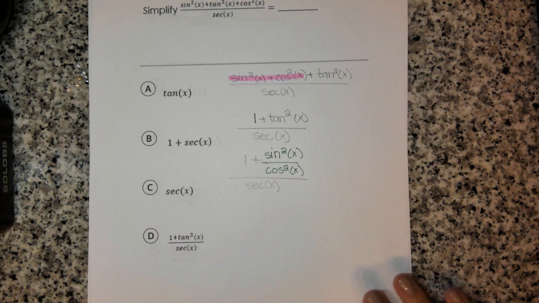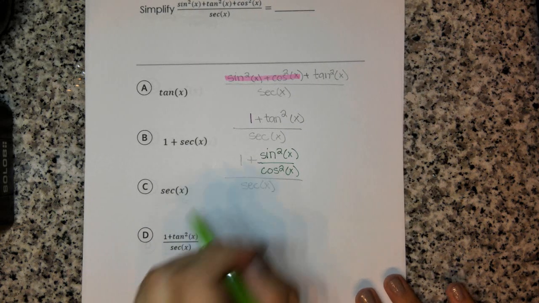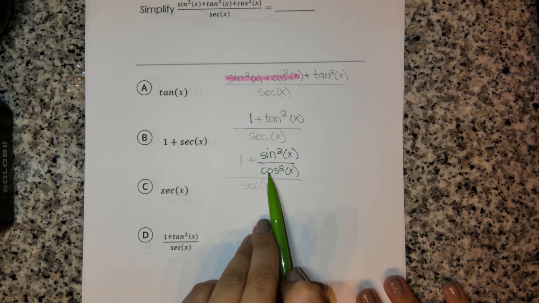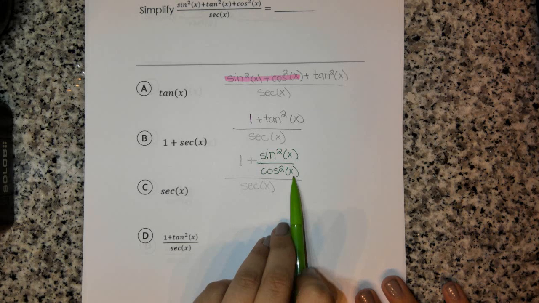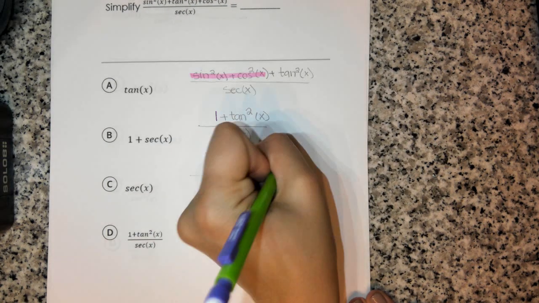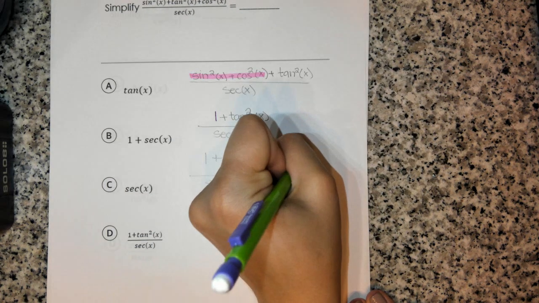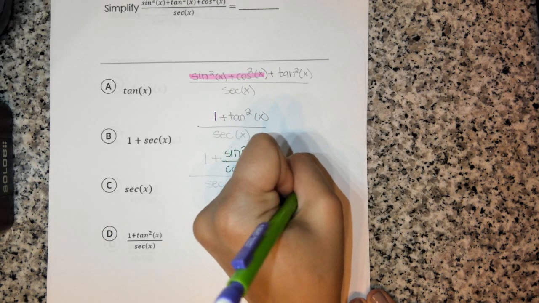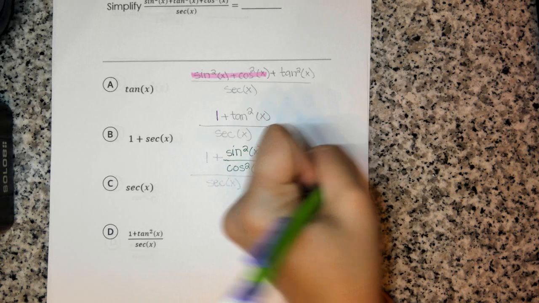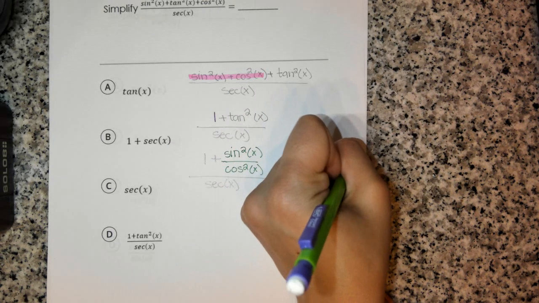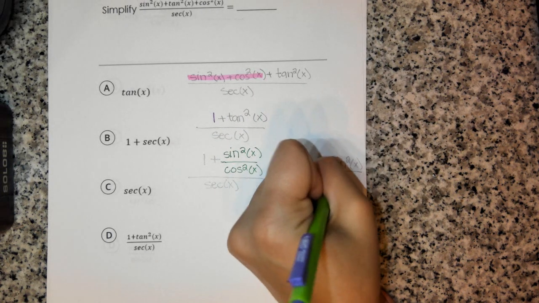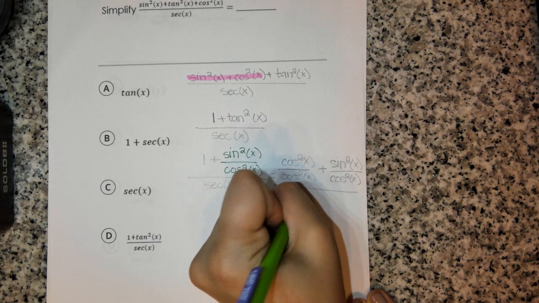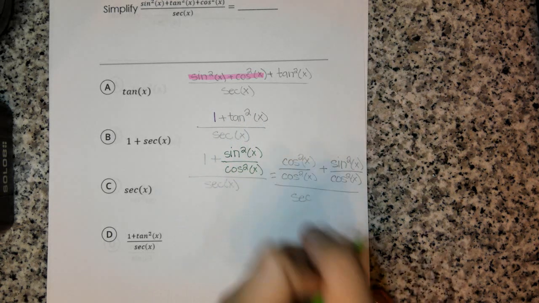Okay? From here, I'm going to rewrite this 1 so it has a common denominator of cosine squared of x. So what that looks like is cosine squared of x divided by cosine squared of x plus sine squared of x divided by cosine squared of x. And it's still all over secant of x.